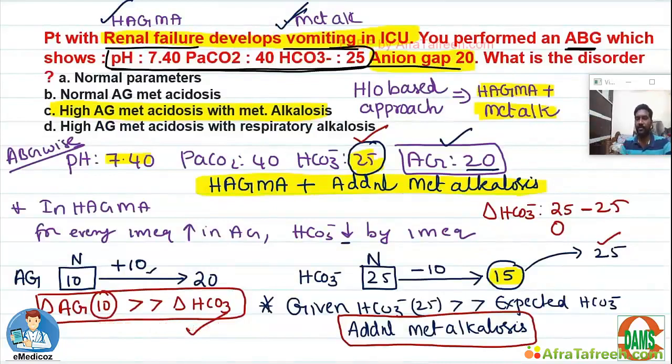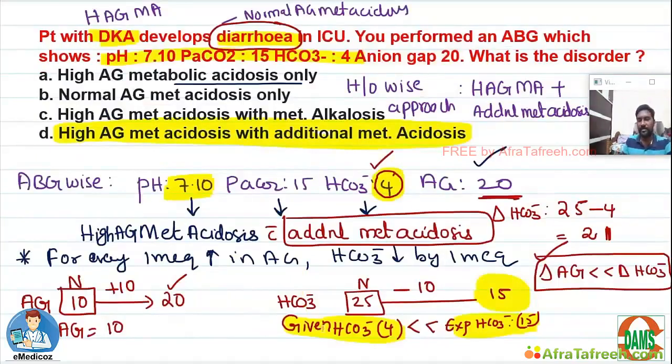If it is not happening, if given bicarbonate is higher than expected bicarbonate, it is an additional metabolic alkalosis. If given bicarbonate is very much less than expected bicarbonate, it can be an additional metabolic acidosis. So this is the most simple method.